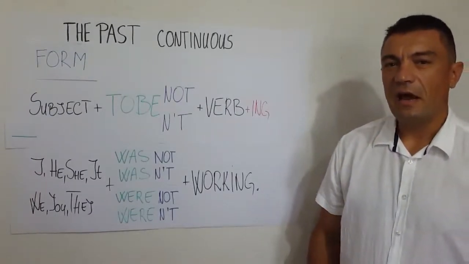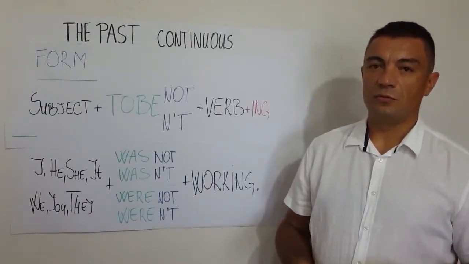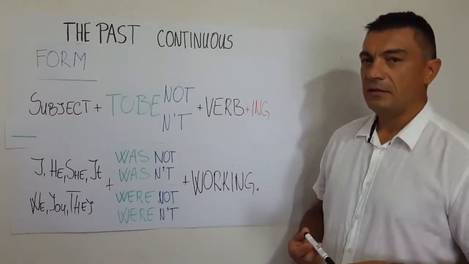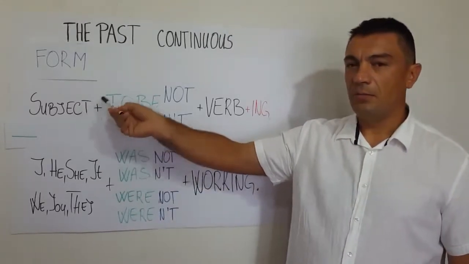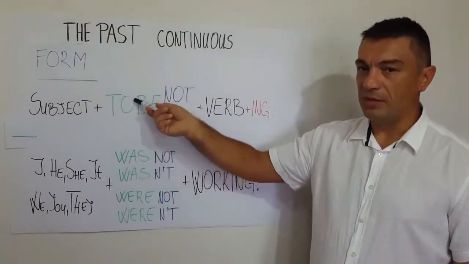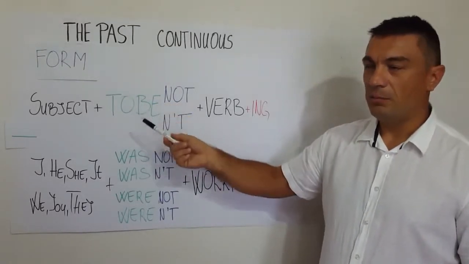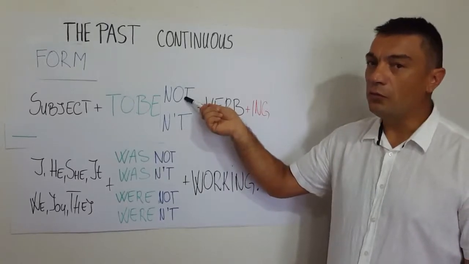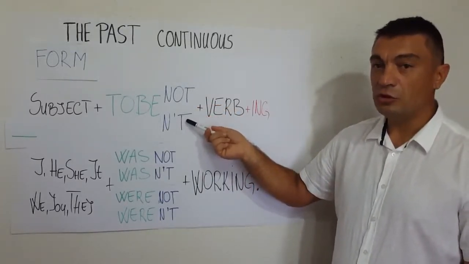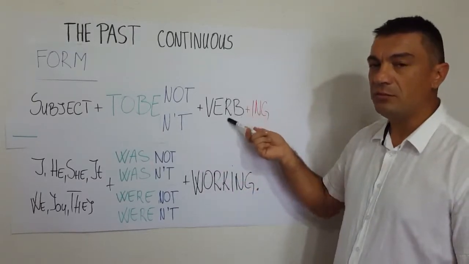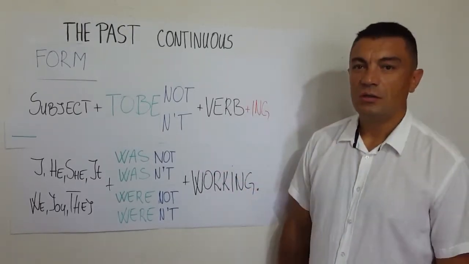Okay, let's see how we form the negative form of the past continuous tense. The negative form is formed by subject plus helping verb to be in the past simple plus not for the full form or an apostrophe T for the short form plus verb in ing form.